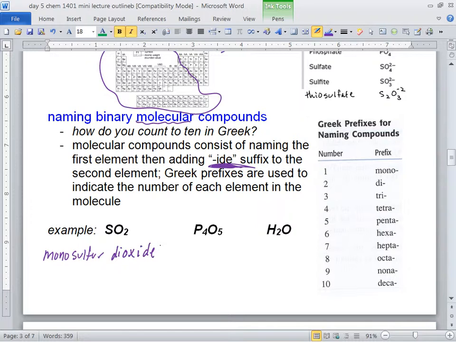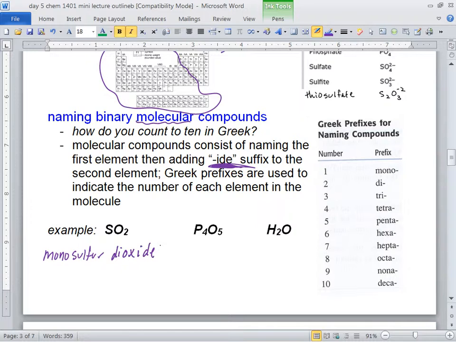And if you just call it monosulfur dioxide, I don't know why, sometimes they drop off the mono. So some people just call it sulfur dioxide. But I don't care. I just leave the mono in, you don't have to memorize anything. Monosulfur dioxide.